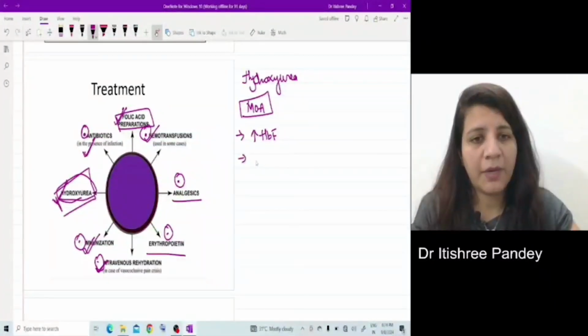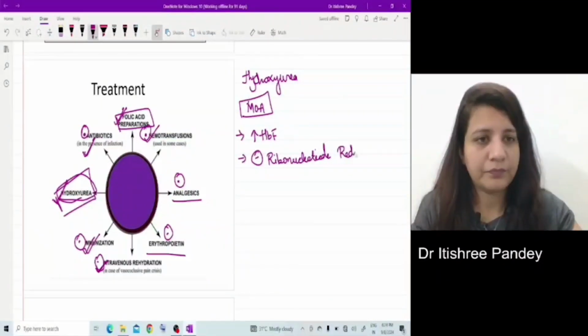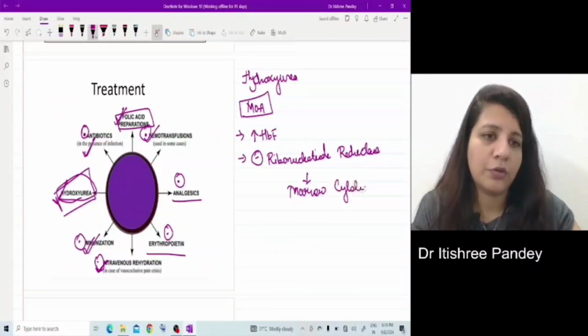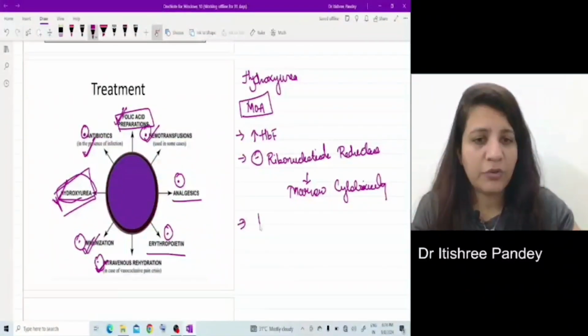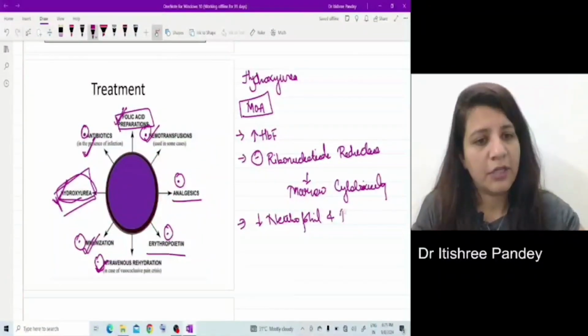Second is by inhibition of ribonucleotide reductase, which will lead to marrow cytotoxicity. It also decreases the neutrophil count and reticulocyte count.